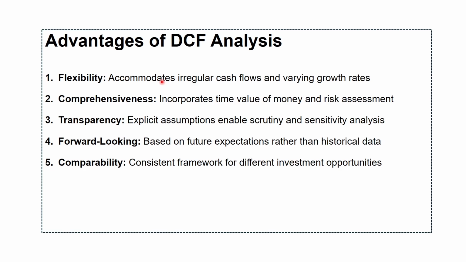Third, transparency. Transparency ensures that all assumptions are explicitly stated, enabling scrutiny and sensitivity analysis by investors and lenders. Everything is clearly mentioned, including our assumptions, and it helps in better scrutiny of the whole process.